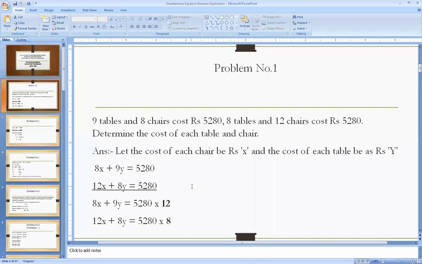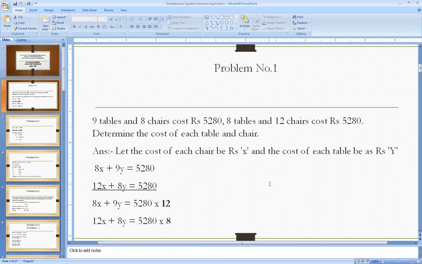So here we have to assume: let the chair cost X rupees and the table cost Y rupees. You can assume either variable, table as Y and chair as X, or chair as X and table as Y. Now we have to frame an equation for the first sentence, 9 tables and 8 chairs.